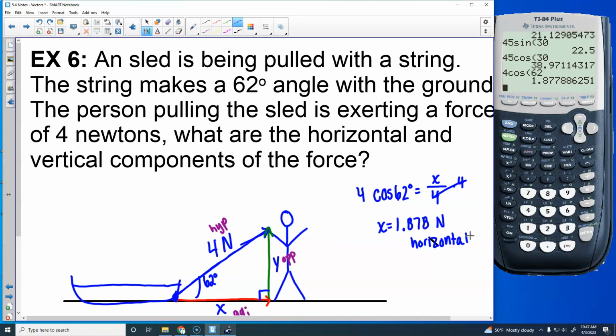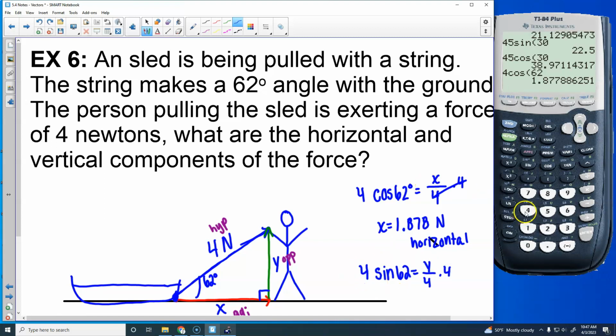Okay, let's see. Liam, what if I want to find the vertical force? How do I find it? Sine? Yes. So sine of 62, what would it be equal to, Liam? Perfect. We will multiply both sides by 4.